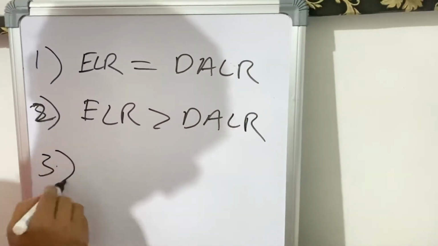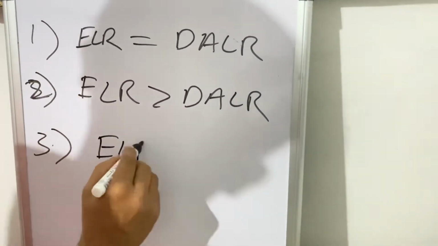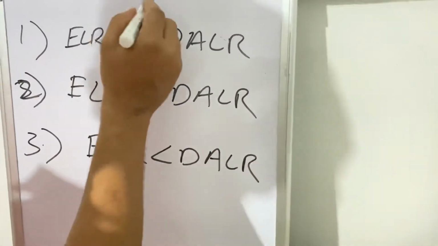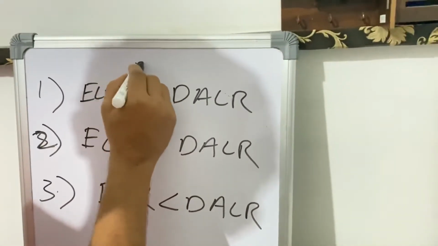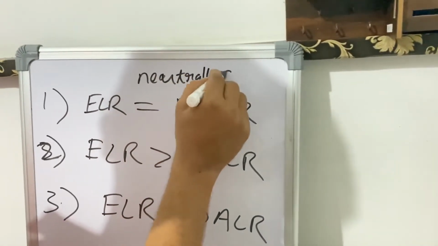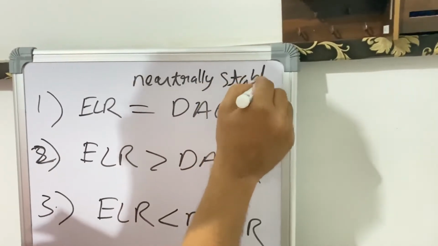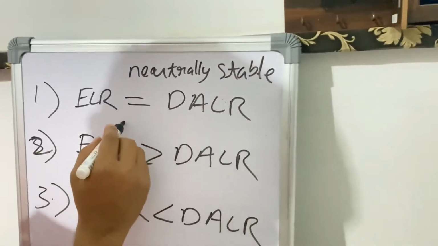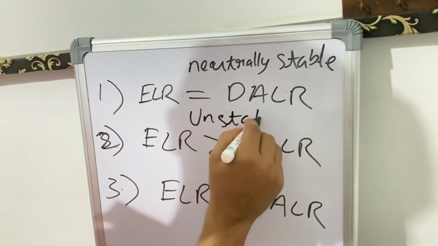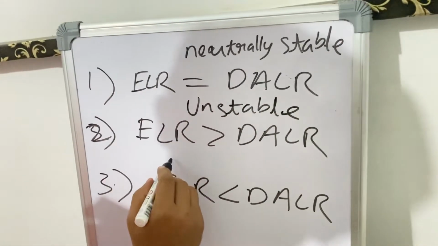And the third case is ELR less than DALR. The first case is neutrally stable. Second case is unstable. And third case is stable.